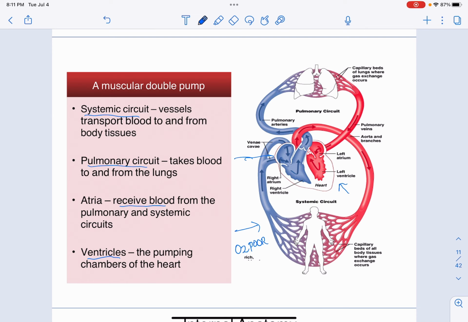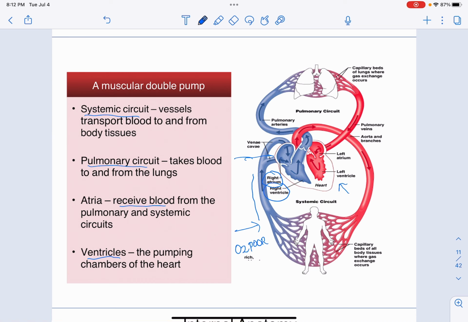All the blood is now draining back to the heart from tissues that have taken out the oxygen. This oxygen poor blood is going to make its way back to the heart. It's going to enter the right atrium, and then it's going to go into the right ventricle.